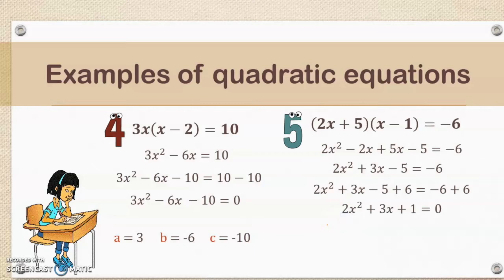So now, this is the equivalent expression of 2x plus 5 times x minus 1 is equal to negative 6. The standard form is 2x squared plus 3x plus 1 equal to 0. The value of a is 2, b is 3, and c is equal to 1. Okay? That's all for the examples. So, I hope na may natutunan kayo.